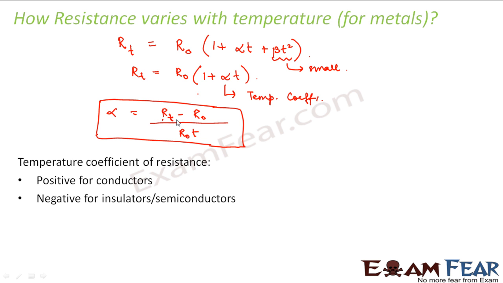So if alpha is positive, that means the resistance at any temperature T is greater than the resistance at 0 degree Celsius. Similarly, if alpha is negative, that means resistance at any temperature T is less than the resistance at 0 degree Celsius.